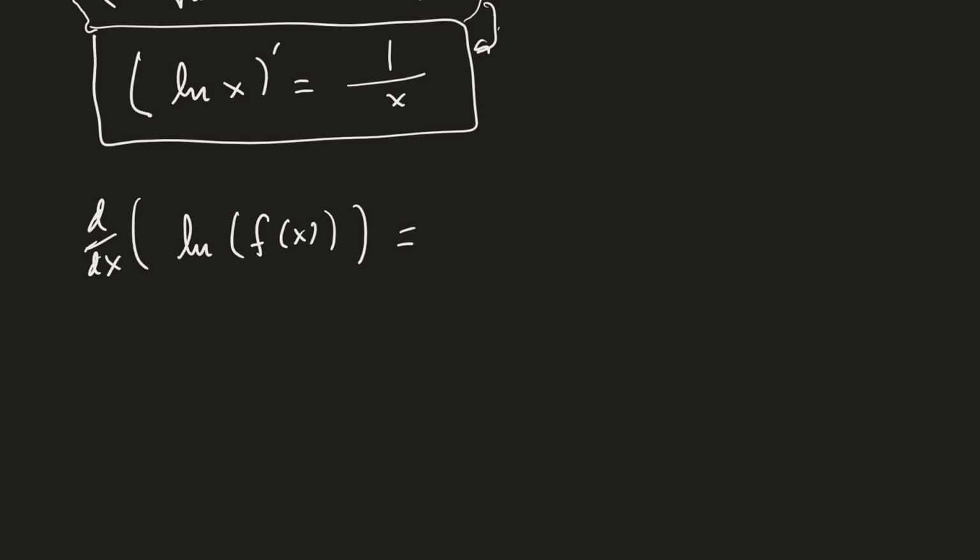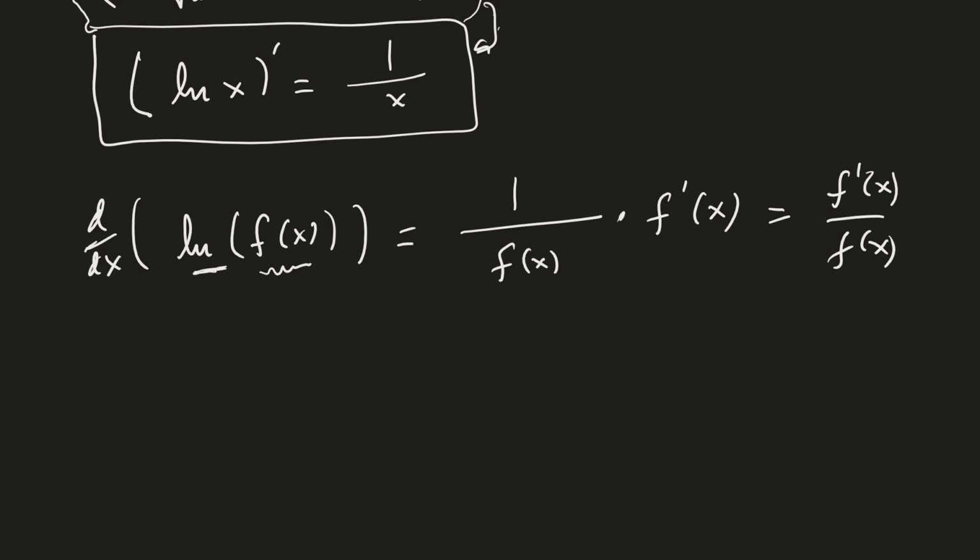The outside function is the natural log, so the derivative is 1 over whatever is inside, which is f of x. Then you multiply by the derivative of what's inside, so that's f prime. So we get f prime of x divided by f of x.